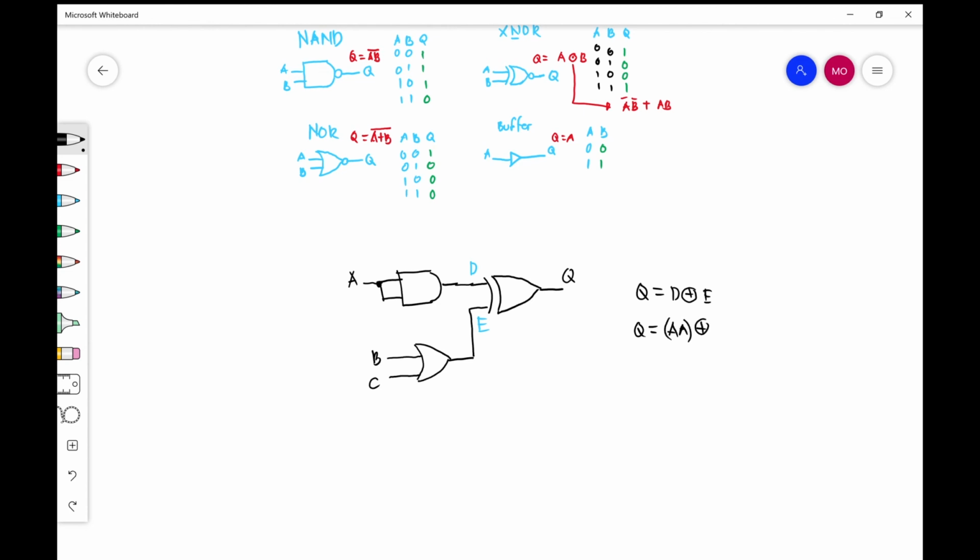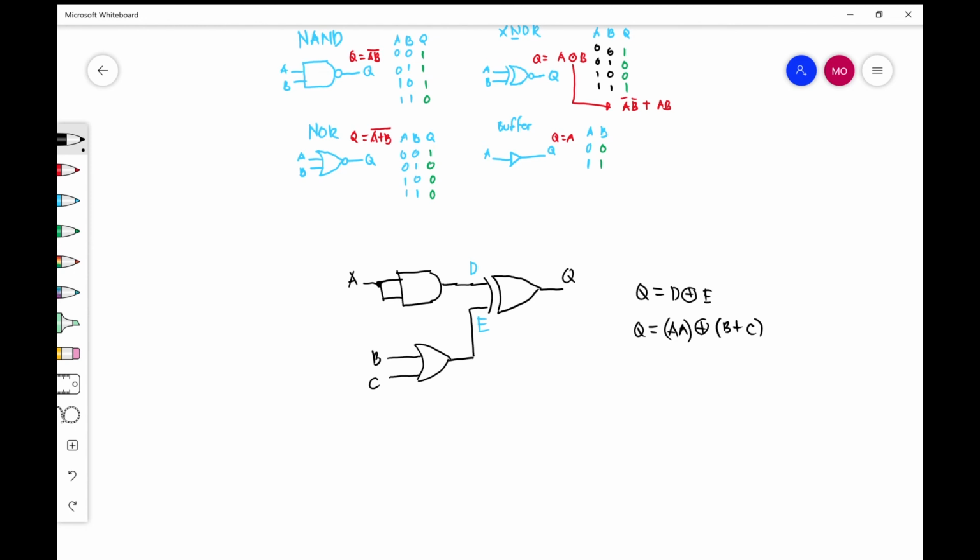And we can group them. It would be more readable if you group them. And E is equal to B plus C. And that's our final answer. Q is equal to A plus exclusive OR the quantity of B plus C.